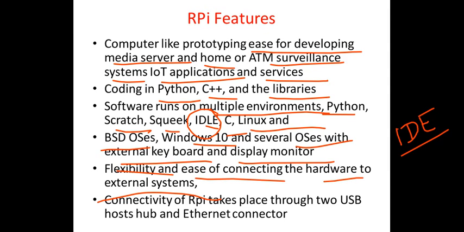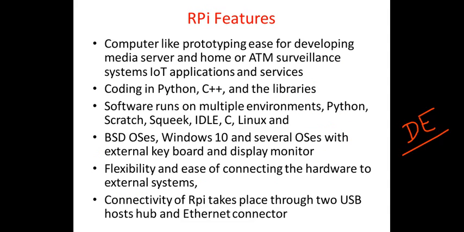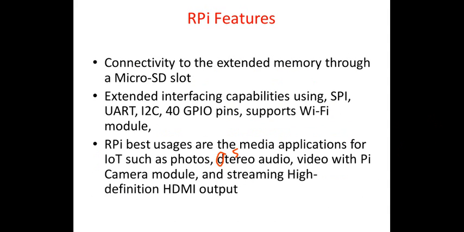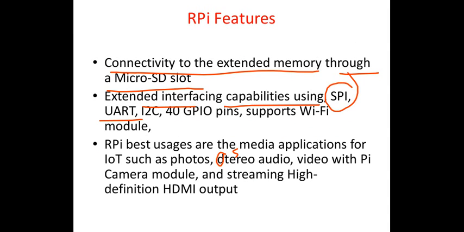In this, connectivity to the external memory through a micro SD slot, extended interface capabilities using serial peripheral interface, UART, I2C, 40 pin general purpose IO pins, supports Wi-Fi module, and of course all these features we have seen even in the case of your Arduino, maybe not to this extent, even in your Intel Galileo and Edison, right?